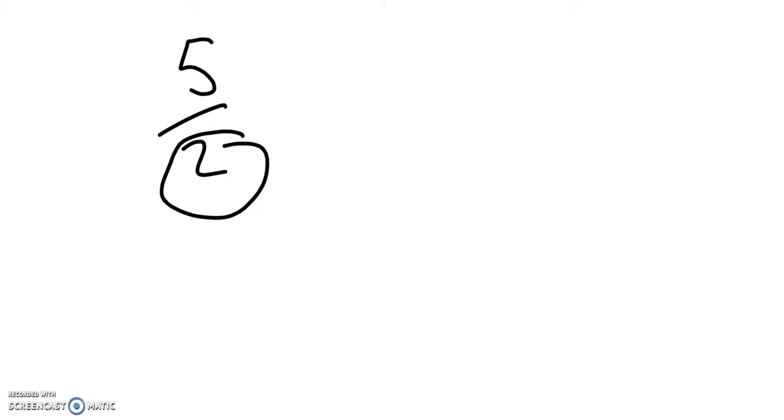So what I'm looking at here is I've got my 2 as my denominator, my 5 as my numerator. Well, how many groups of 2 can I make from this number here? Well, if we think about it, I can get 1 lot of 2, which now means that I've got 1 whole. That means now I'm not going to have 5.